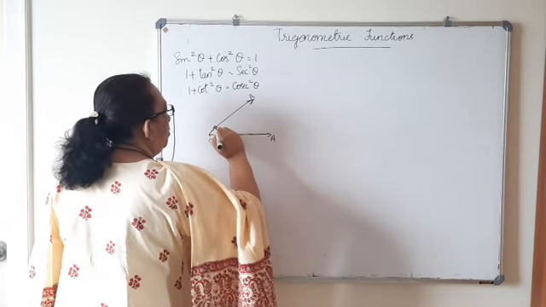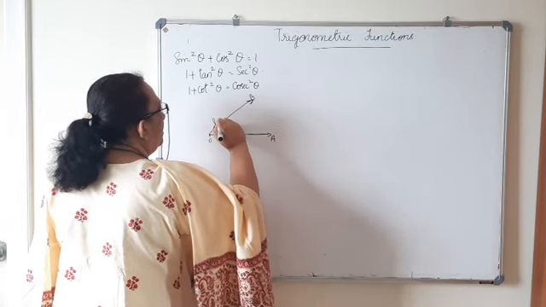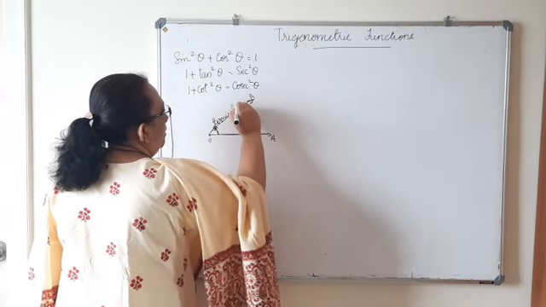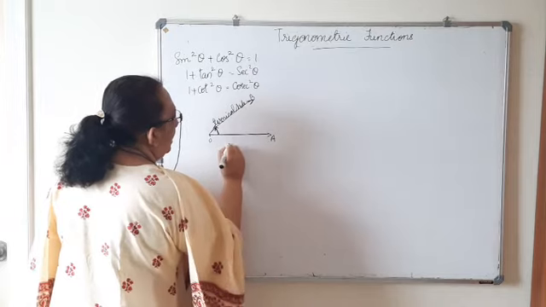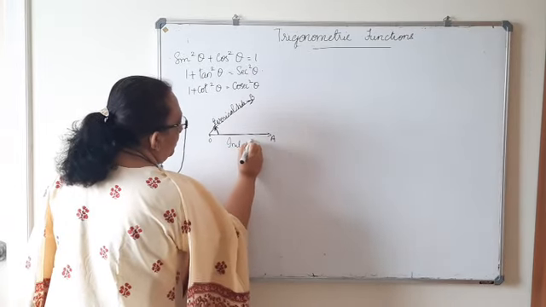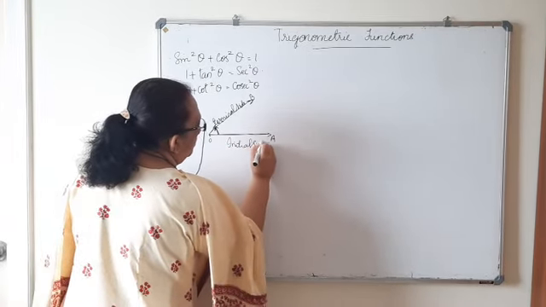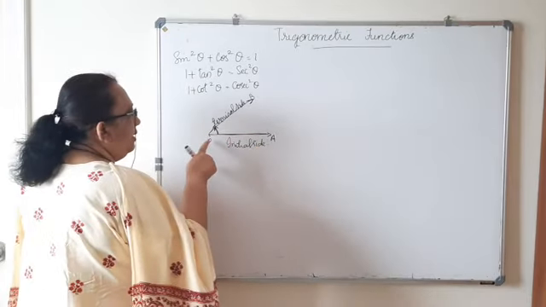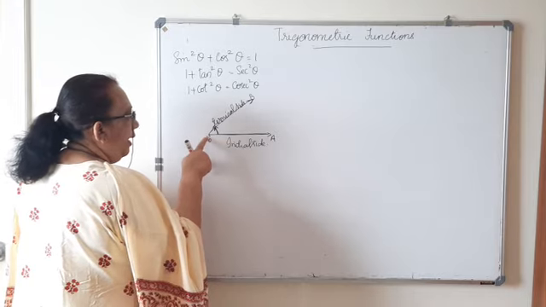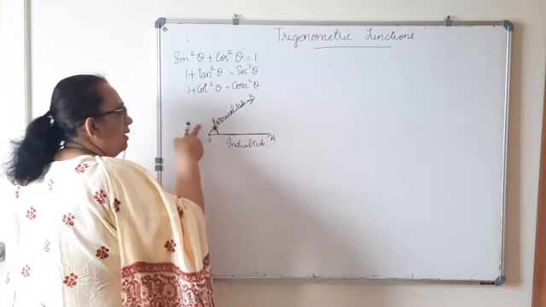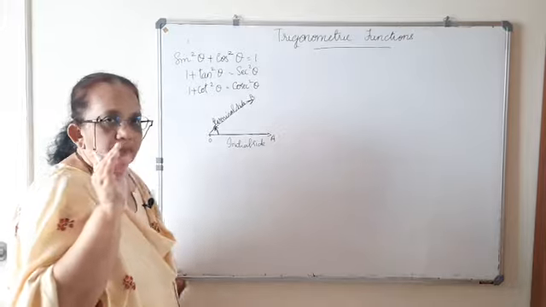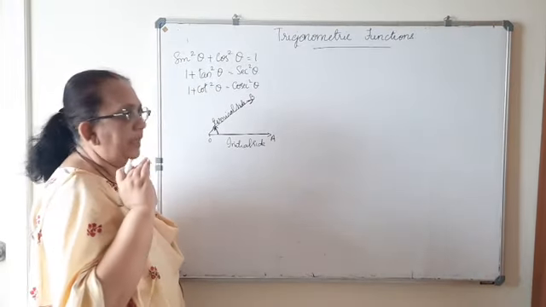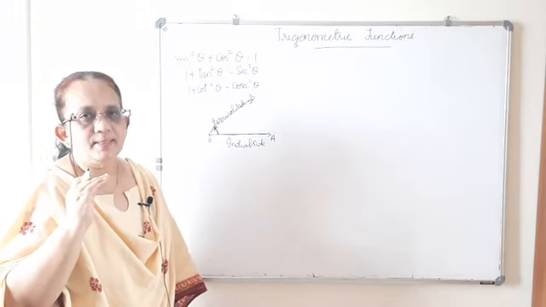This position OB we call the terminal side, and this is the initial side. So there is a ray OA, rotated at the point O in the anti-clockwise direction, and it ends at the side OB. This side OB we call the terminal side.